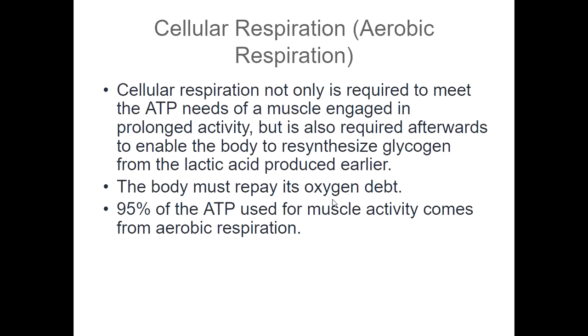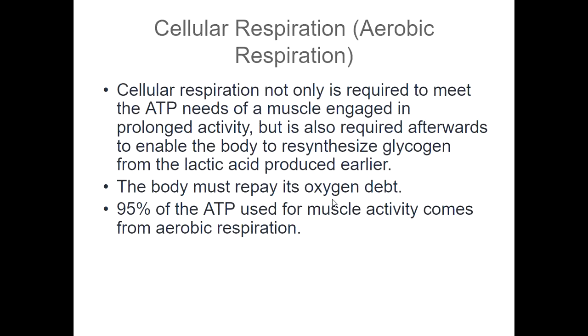95% of all the ATP that we need for our muscular system to work like it's supposed to comes from aerobic cellular respiration. So this is where we take glucose, we break it down, it goes through glycolysis, it goes through the Krebs cycle, it goes through the electron transport chain, and in doing so, it produces 38 ATPs per glucose, 36 net profit. And that's very important.